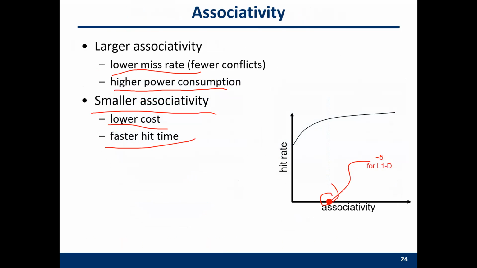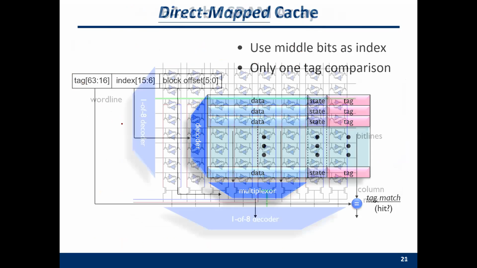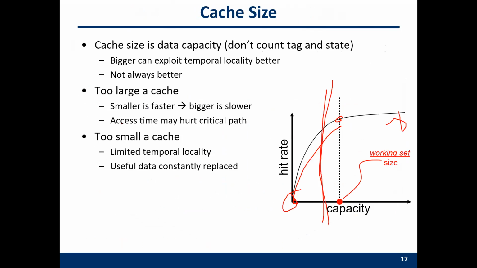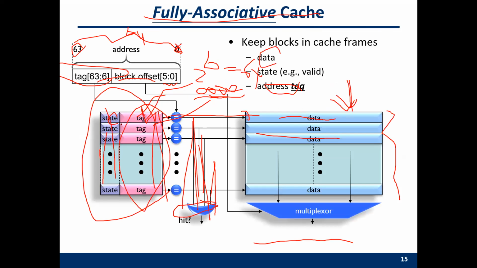I think the most important concept is the set associativity here. Let me summarize it again. For the fully associative cache, you can store any block or any cache line in any frame, any physical cache location. This is good.